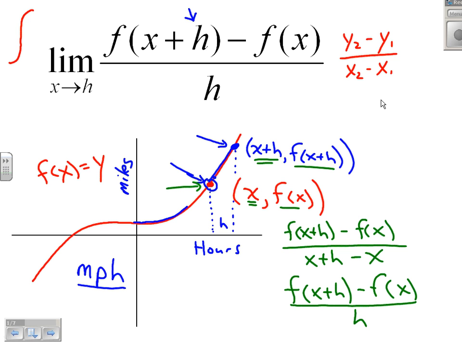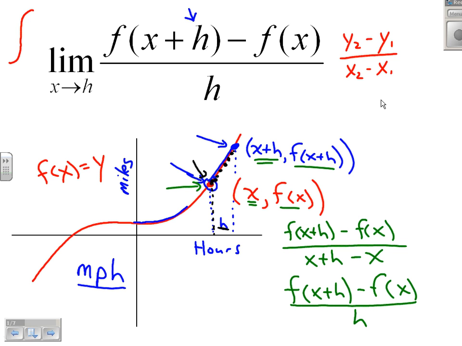So there it is, but what is going to give us a more and more accurate representation of what's going on right here is to just continue to pull this point closer and closer and closer. Ideally, it would be the same point, which would make our value of h be 0.